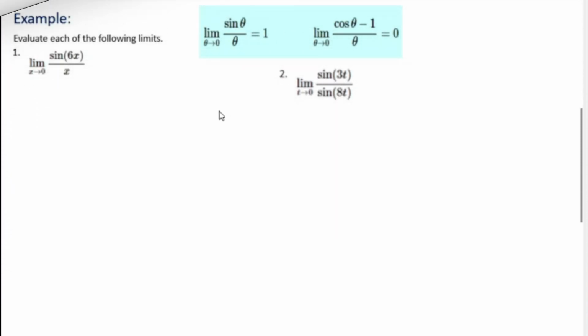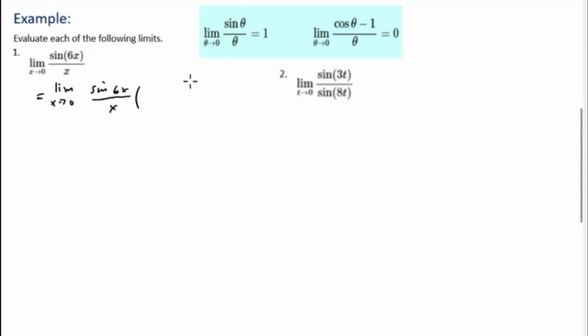Example. Evaluate each of the following limits. Number 1. The limit of sine 6x all over x, where x approaches 0, is equal to, based on the facts about derivatives for the functions of sine and cosine, the limit of x approaches 0 of sine of 6x, then we divide by x.